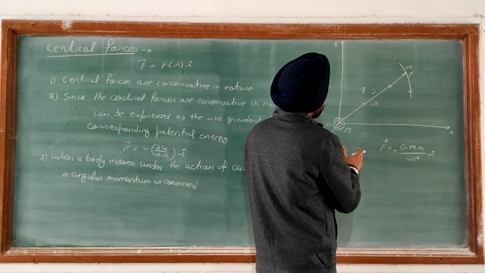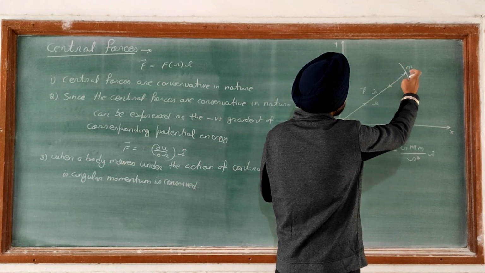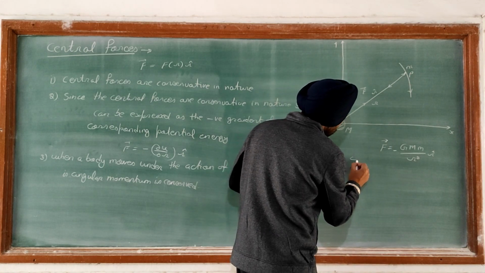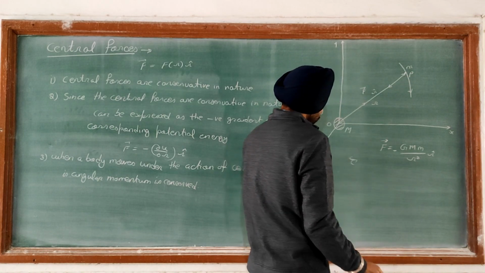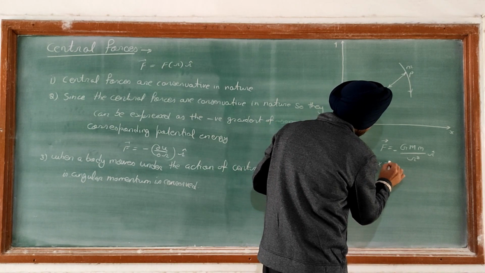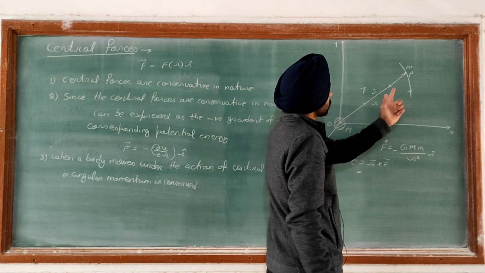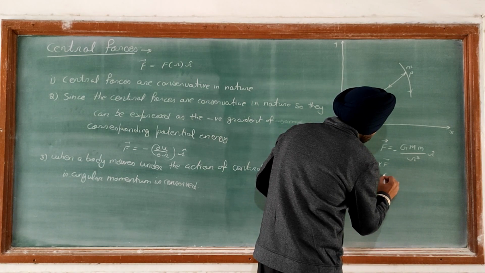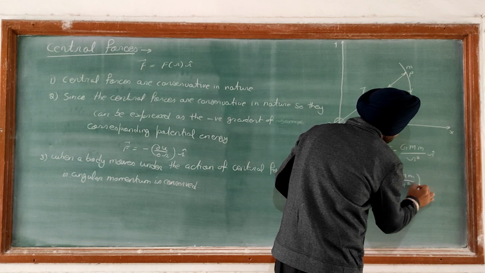Since this force acts on the mass small m, the path of this object is like this. The torque acting on the mass m due to the center of force is tau equal to r cross F. Here r is the distance OP, and F is minus GMm upon r square into r cap.